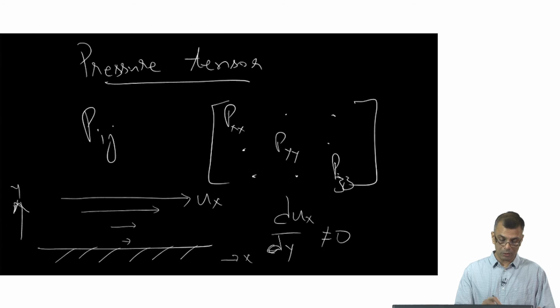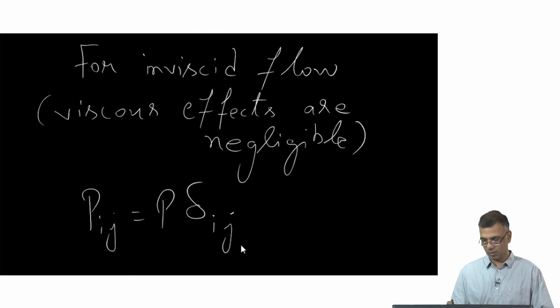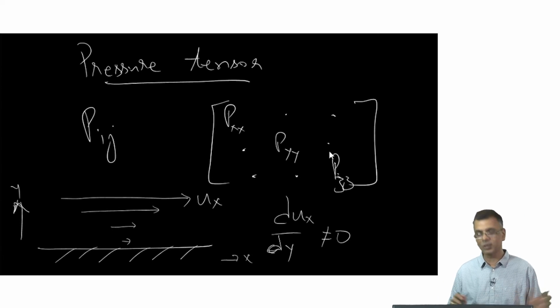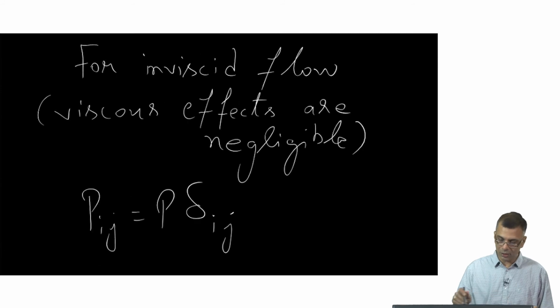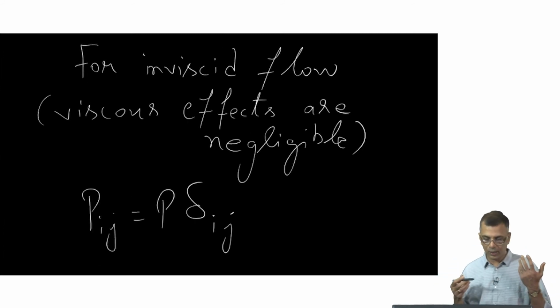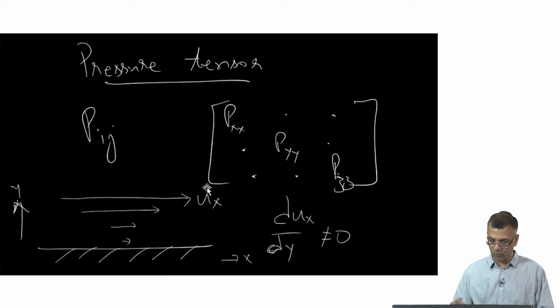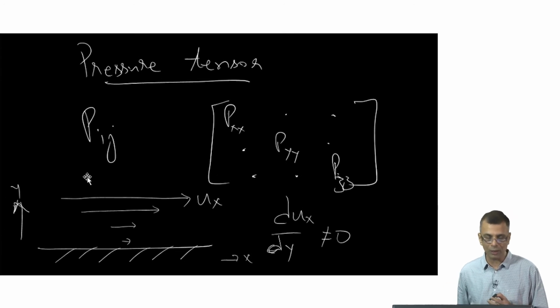The delta is 1 only when i is equal to j, in other words only along the diagonal, and when i is not equal to j, as is the case for this element, this element, and so on, the off-diagonal elements are simply 0. So, this is a situation which represents an inviscid fluid. I urge you to think about this a little more.